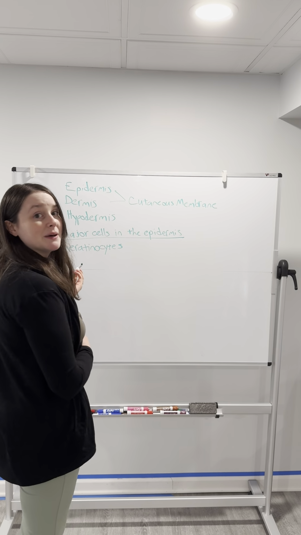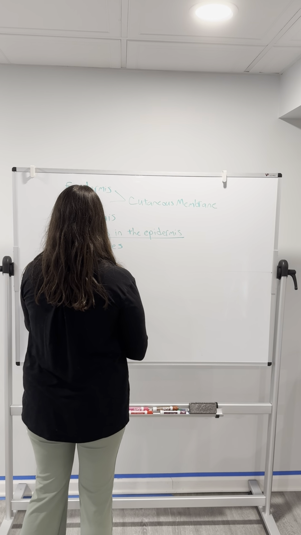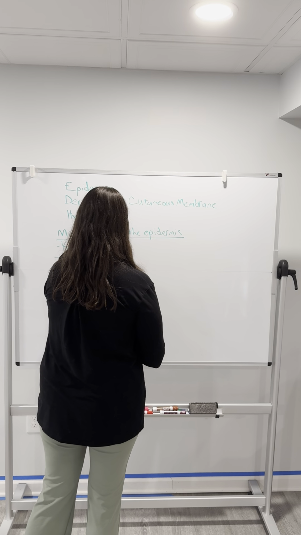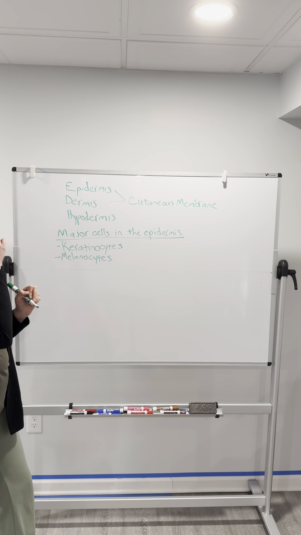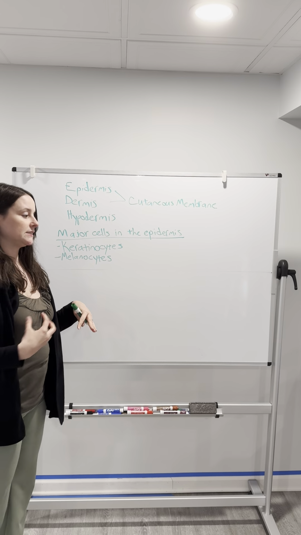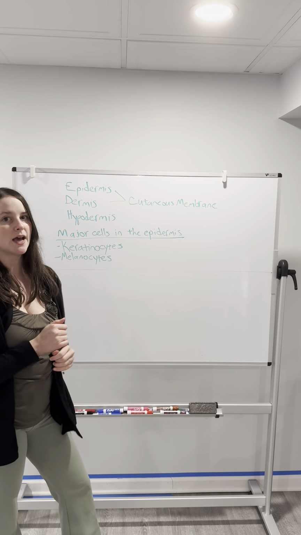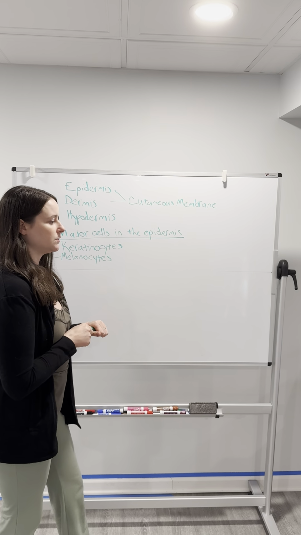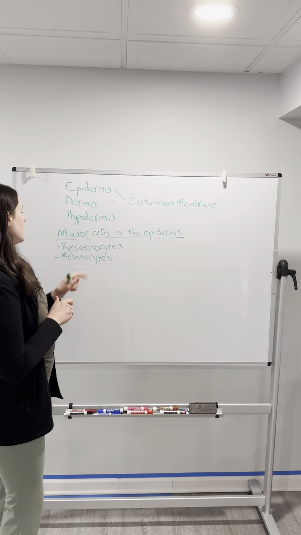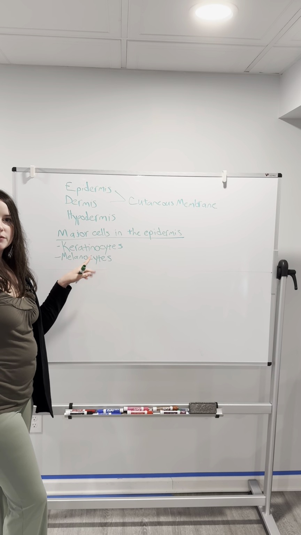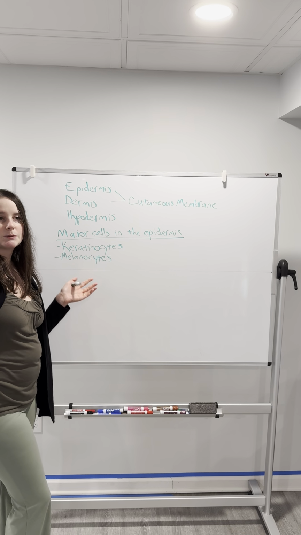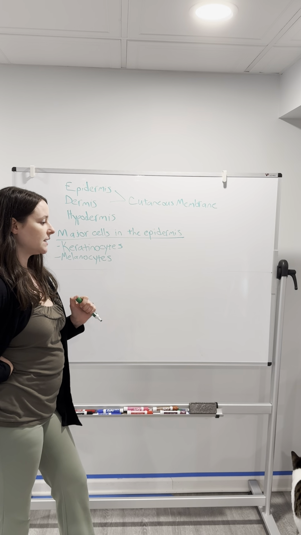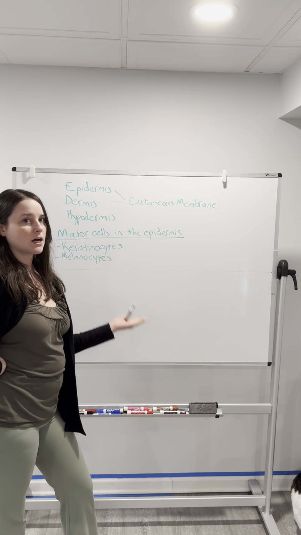Okay, then we have melanocytes. Okay, so these are located in the deepest layer of the epidermis, which would be the basal layer. I'll talk about the layers soon as well. So they produce a pigment, one of the three skin pigments we'll talk about, called melanin, okay? And this is what gives skin its coloring.